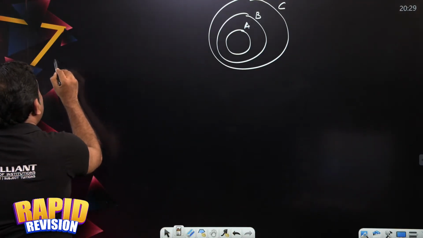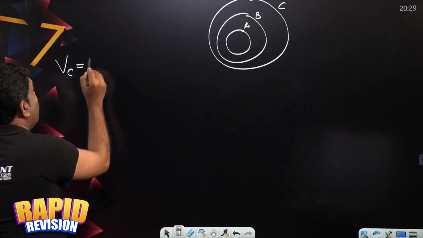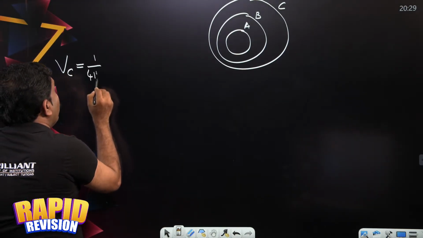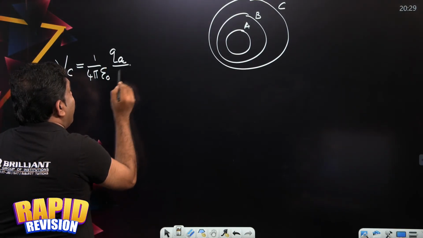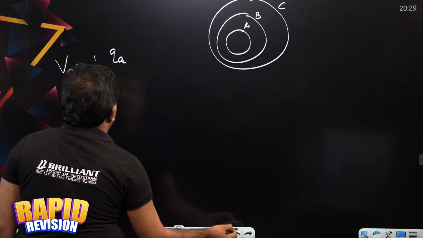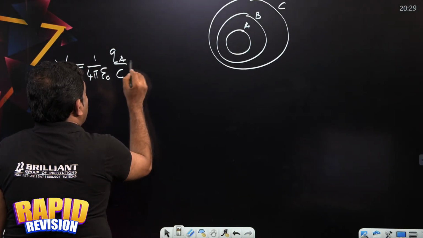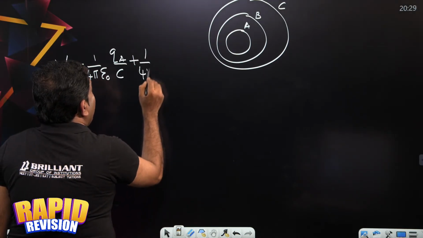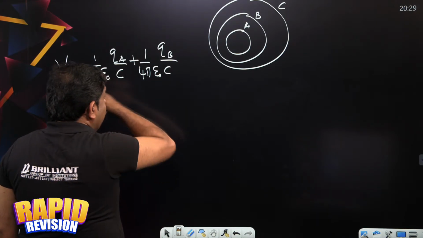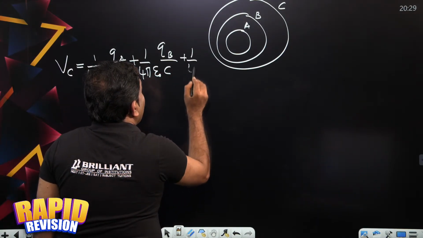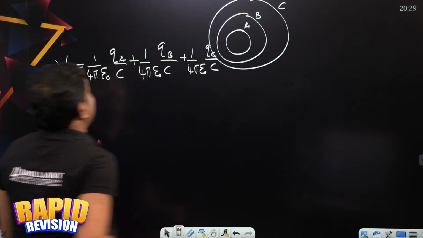The potential on the surface of shell C is 1 by 4 pi epsilon 0 QA by C plus 1 by 4 pi epsilon 0 QB by C plus 1 by 4 pi epsilon 0 QC by C.